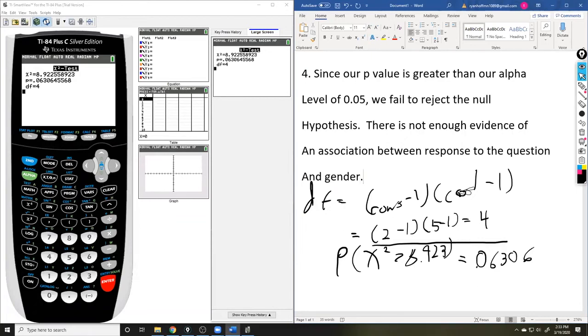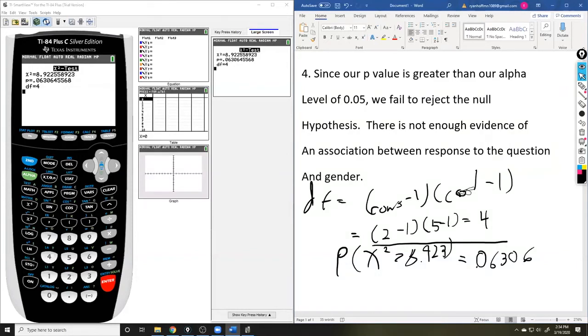Ignore that the start of every line is capitalized. Okay, so as always, compare it to your alpha level, say whether you reject or fail to reject, and then what do you conclude about the alternative?